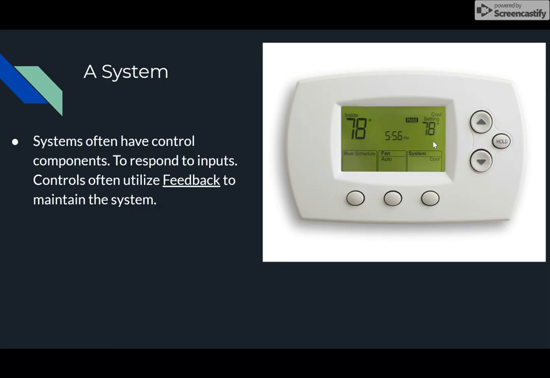And what's going to happen is the thermostat has a thermometer embedded in its circuitry. And when the thermometer senses that the room is not at the desired temperature, it will either kick on the heater or turn on the air conditioning to get to the desired temperature. When the air in the room changes to meet the desired temperature, the thermostat will then tell the air conditioning or the heater to turn off.